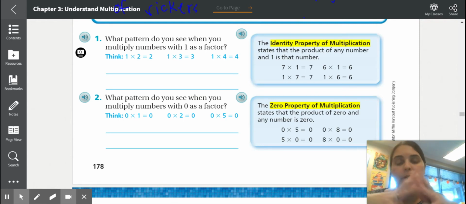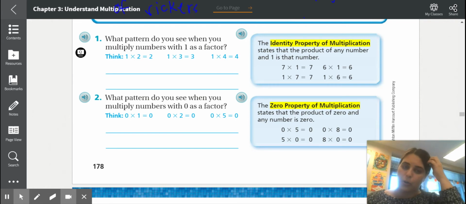Your name, your phone number, your information, that's all your identity. So when you times any number by the number 1, your answer equals that number. It's like the answer is seeing itself in the number.